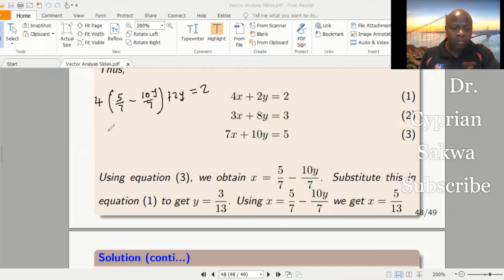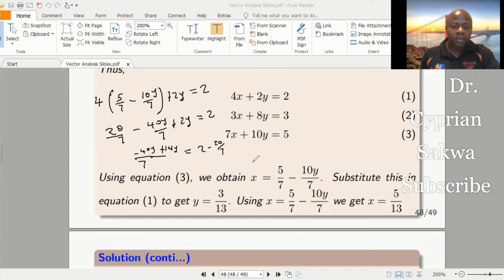Opening this bracket, what I get is 20 over 7 minus 40y over 7 plus 2y equals 2. So I can carry this to the other side and leave this on the other side. If I leave this, there is only 7, and this will be negative 40y plus 14y, and on the right side, I'll have 2 minus 20 over 7.